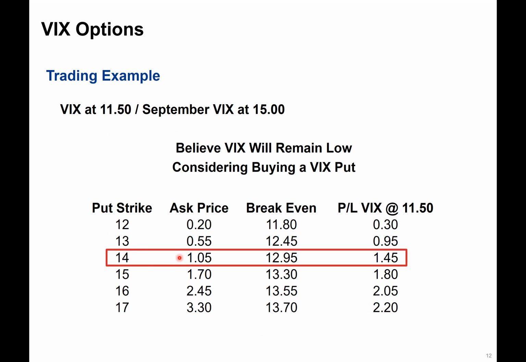You could pay $1.05 for it, and your break even is $12.95. And the profit or loss, if VIX doesn't move at all over the month-long period between the date that I priced this out and September expiration, you'd actually make $1.45, which is a decent profit off of $1.05 to try and trade this.